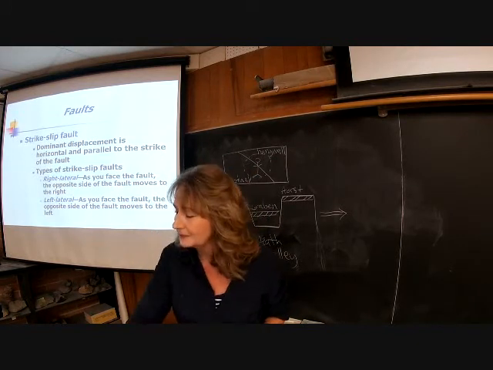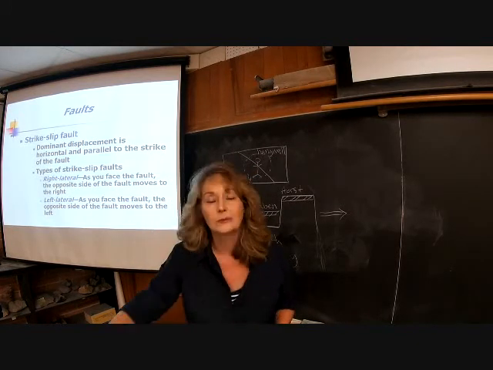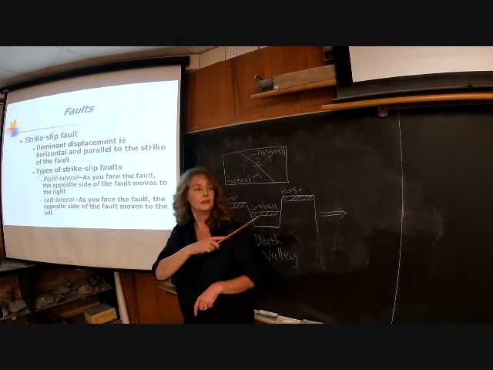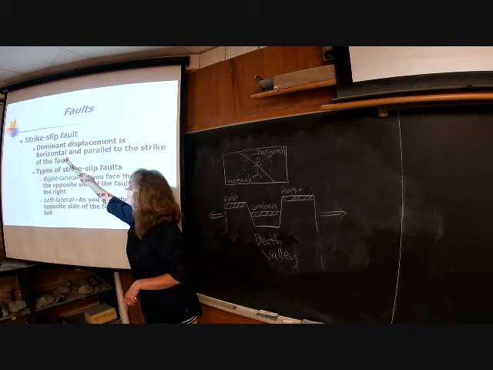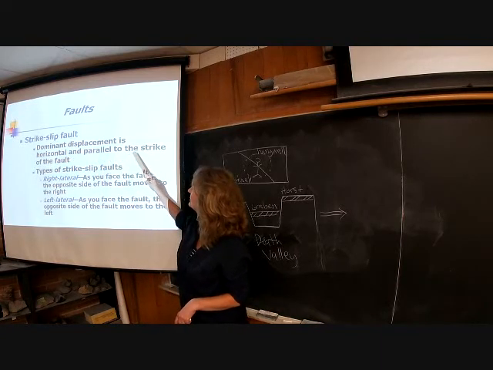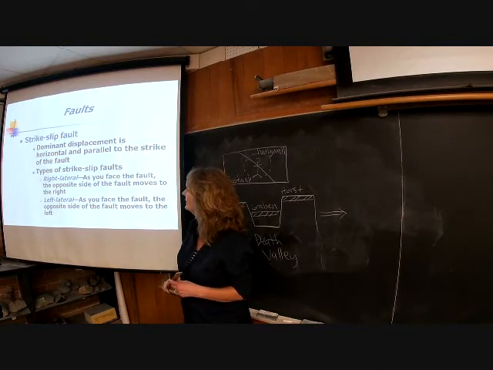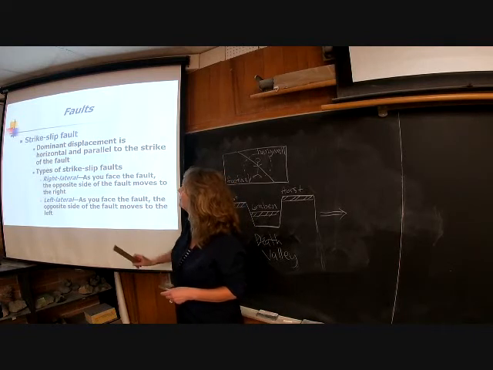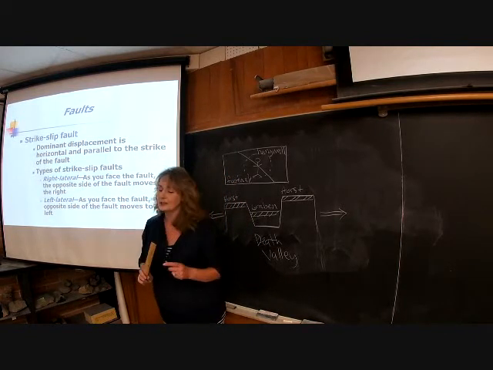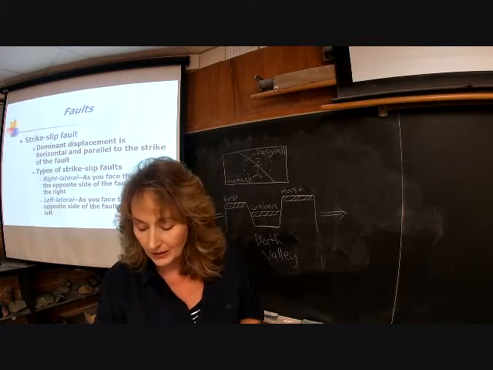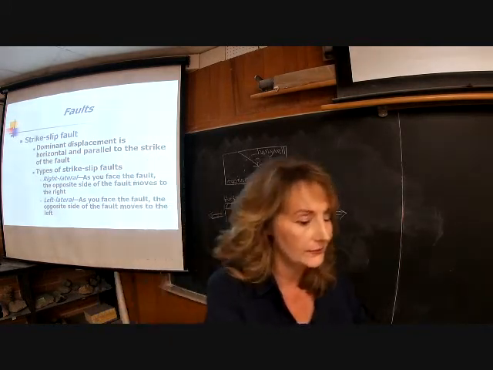So the displacement is more horizontal rather than vertical. Okay, these were vertical. The strike slips are more horizontal and parallel to the strike of the fault. And so it could be to the right or to the left. It just depends which way it's going to shift.